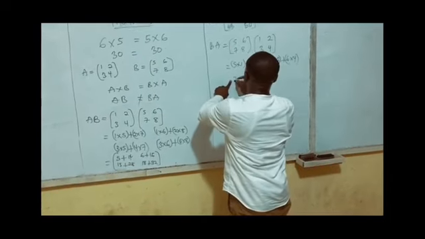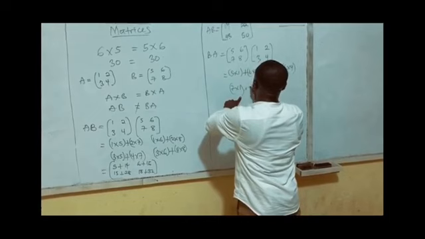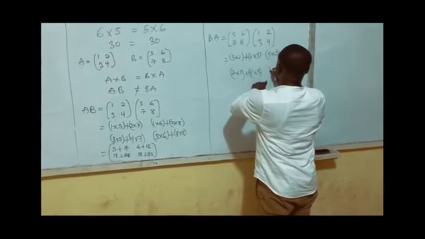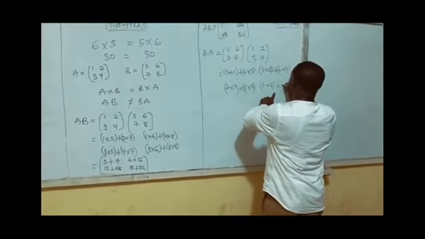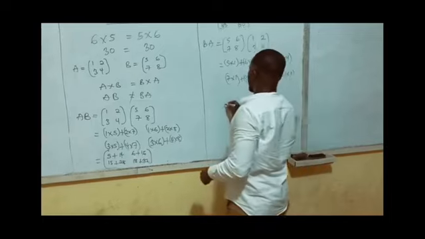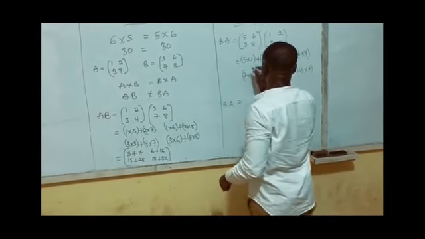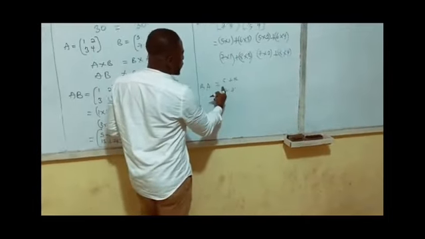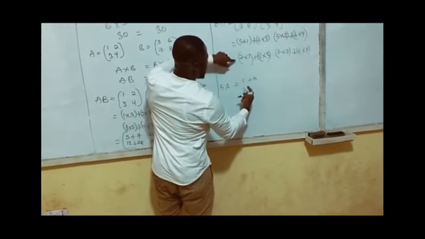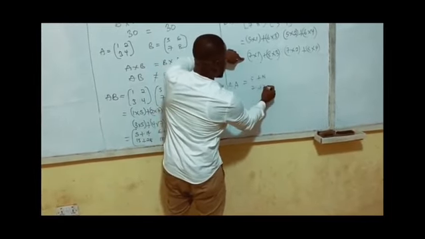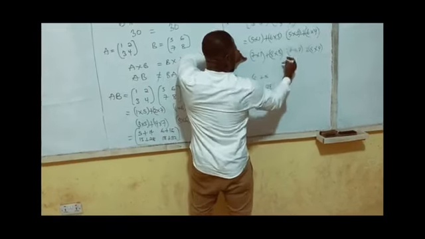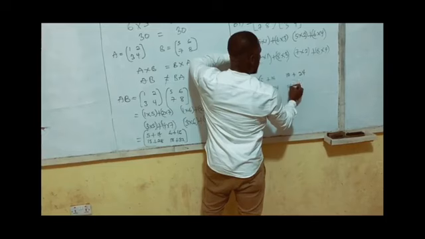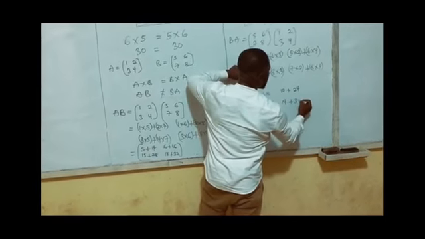Then 7 times 1 plus 8 times 3, and 7 times 2 plus 8 times 4. This gives BA as 5 plus 18, 10 plus 24, 7 plus 24, and 14 plus 32.